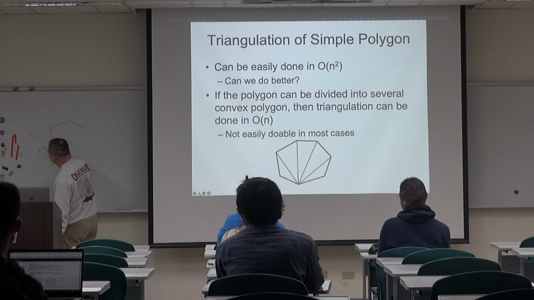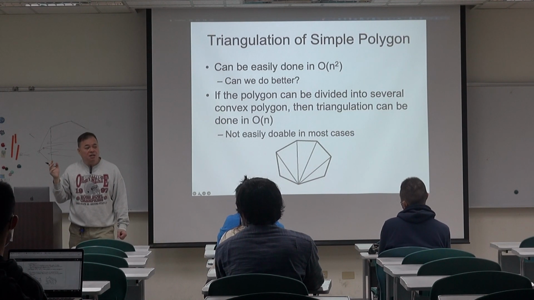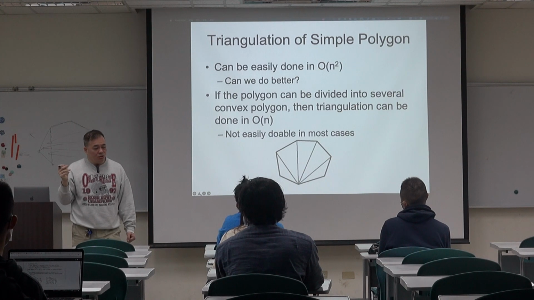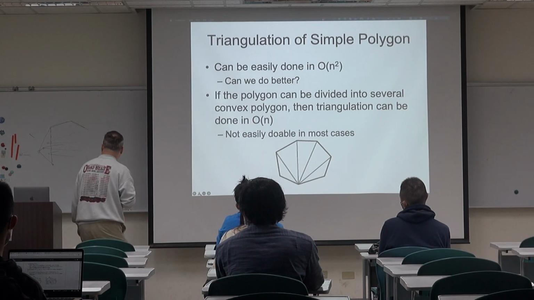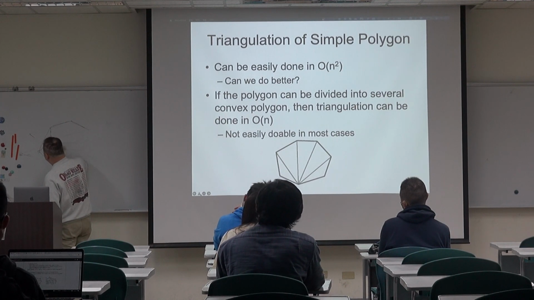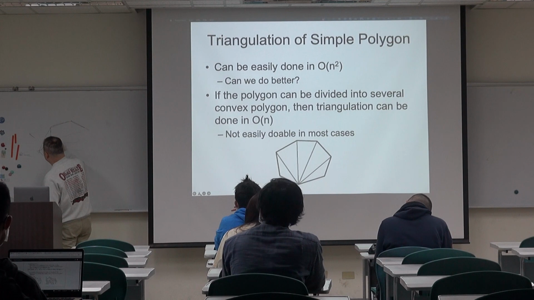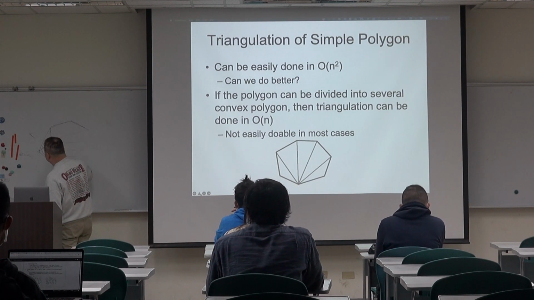Because in this situation, we only have a few points that need to be considered. You don't need to consider all the vertices in here, just maybe a few vertices whose sides have intersection with this one.